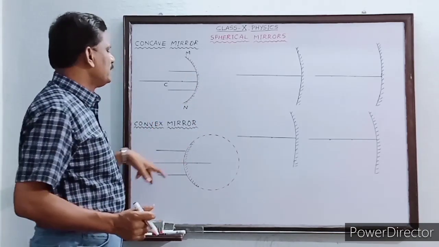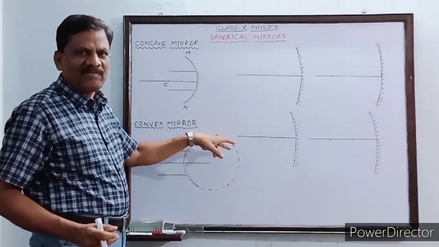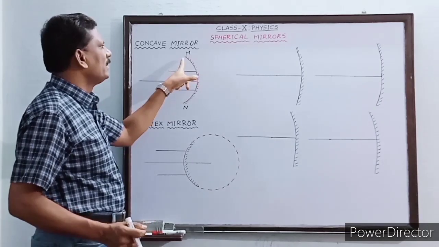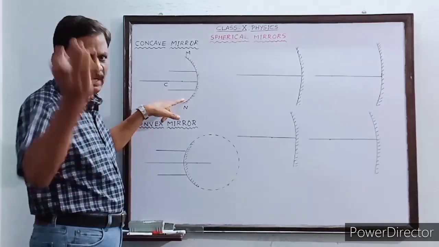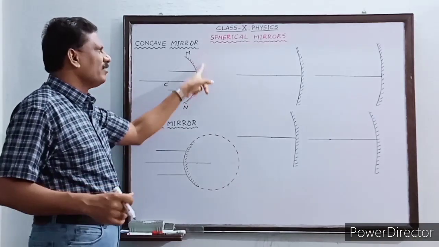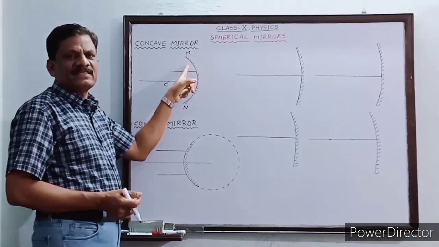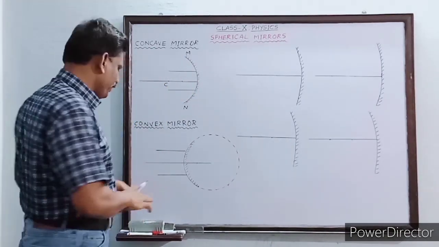Similarly, you see that another type of mirror is also forming a part of a sphere. In the concave mirror, the reflecting surface is bulged inwards, and the non-reflecting surface is outwards. So, since the reflecting surface is caved in, it is called a concave mirror.